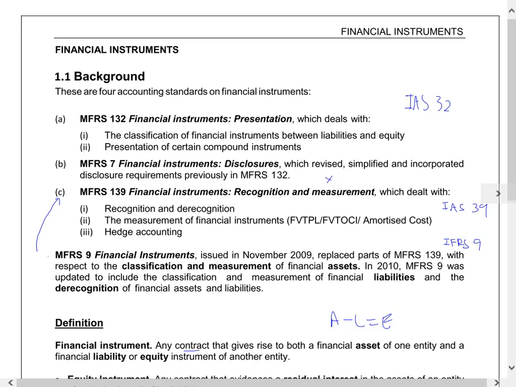This is MFRS 7, which in our international standard is IFRS 7. This is IAS 39, the old one, which will be replaced by IFRS 9.